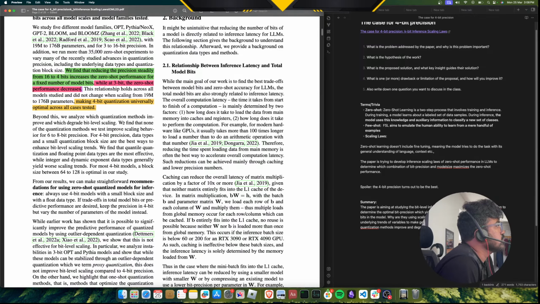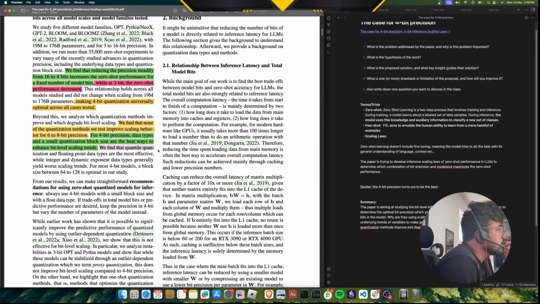We find that none of the quantization methods we test improve scaling behavior for 6 to 8 bit precision. Then for 4 bit, data types and small quantization block size are the best ways to enhance bit level scaling.